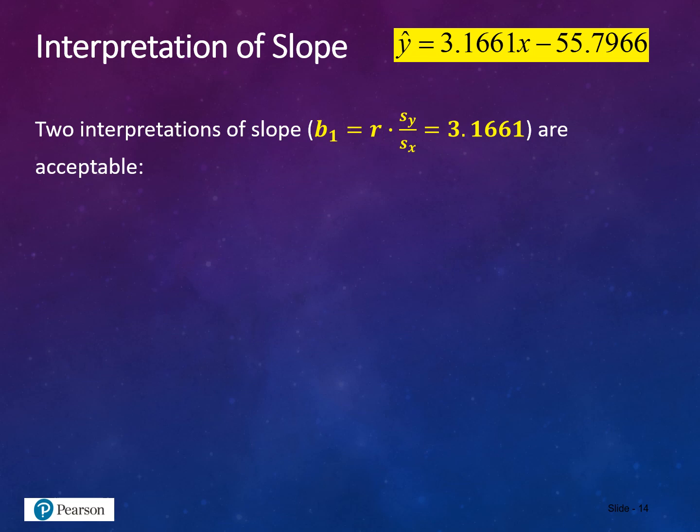So when we look back at our regression line equation that you see here in the yellow up top, the two interpretations of slope for this regression line are acceptable. And here's the slope. Remember, it's the number in front of the x, since we have a linear equation in slope-intercept form.